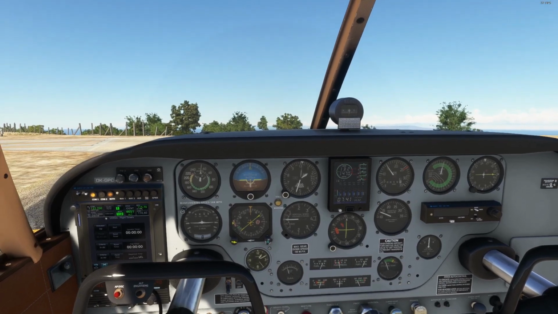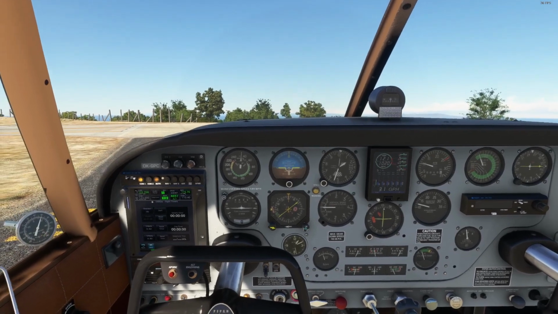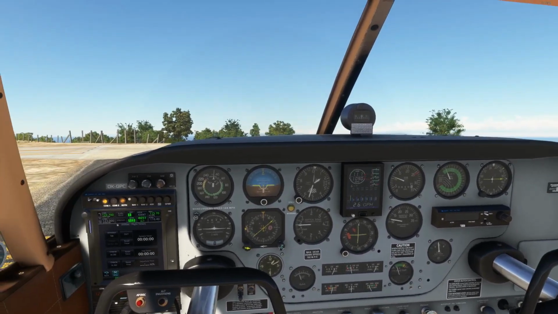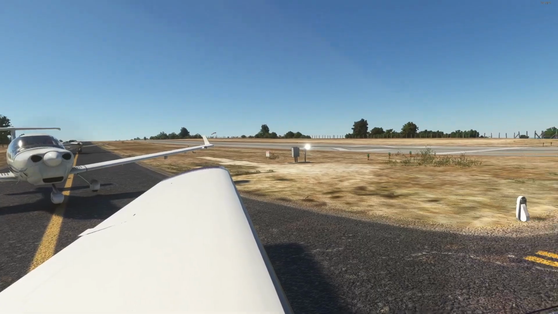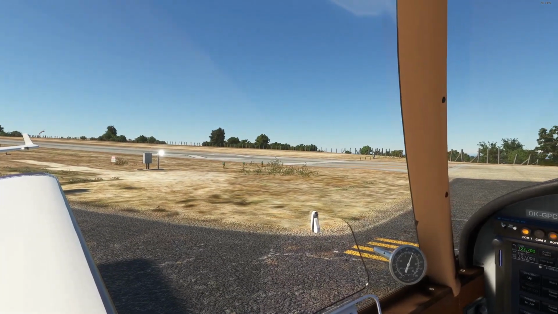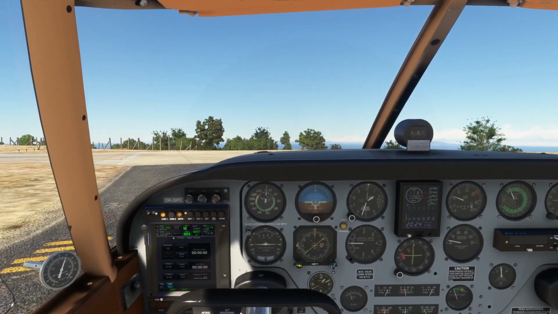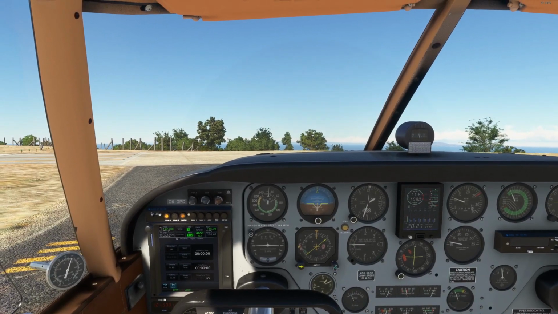Seems to be doing fine, so let's go. Catalina traffic, Oscar Kilo Golf Papa Charlie, entering runway 22 and take off. Departure to the northeast. Catalina.